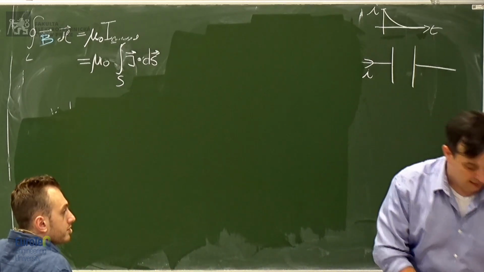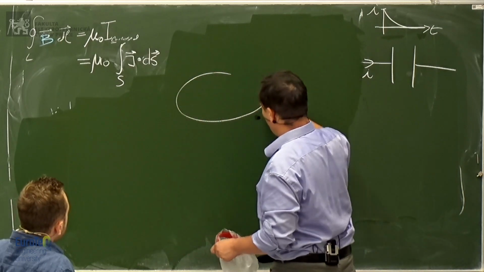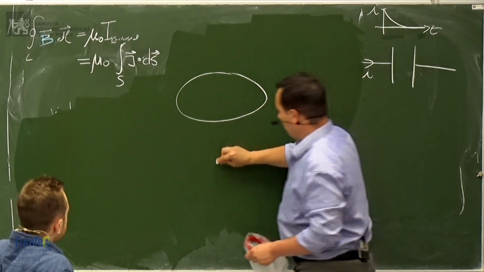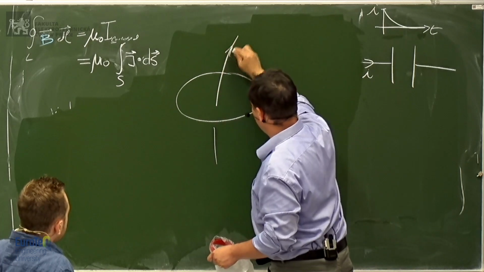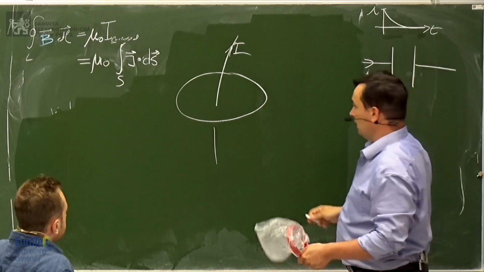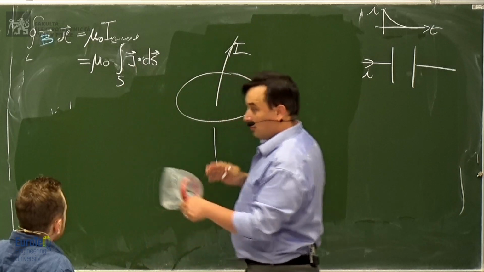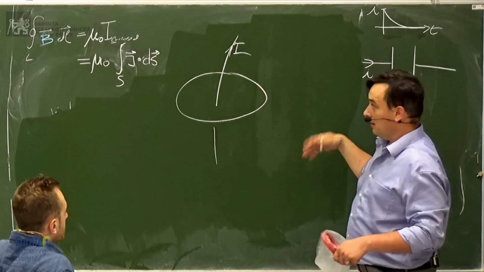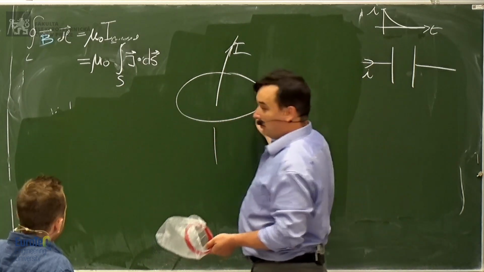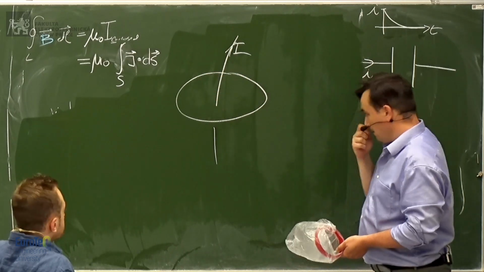This is an important thing I forgot. We said, okay, we have our loop. We have some current going through the line. And we said that the total current which crosses this surface is equal to the integral of the magnetic field over the circumference, okay? Yes.